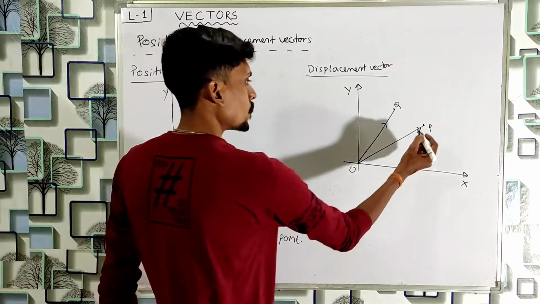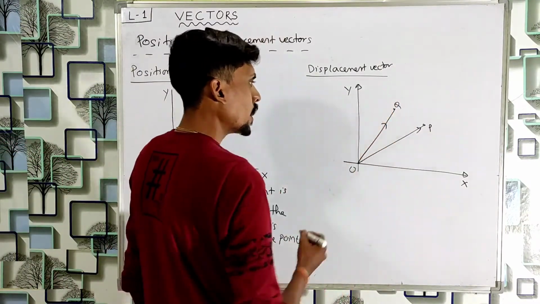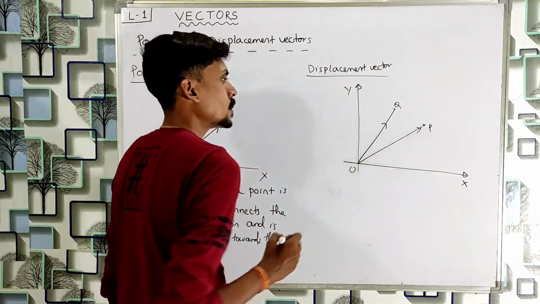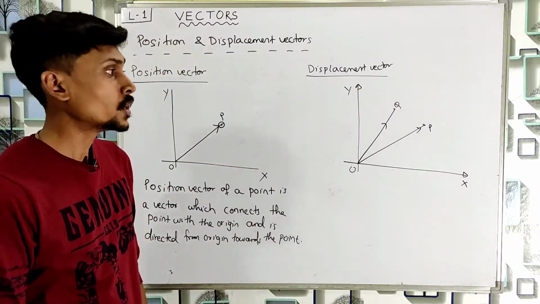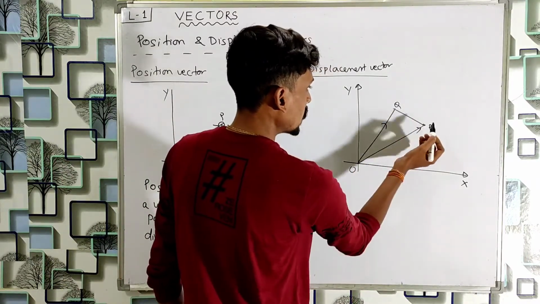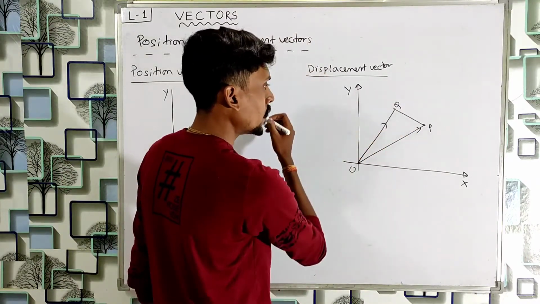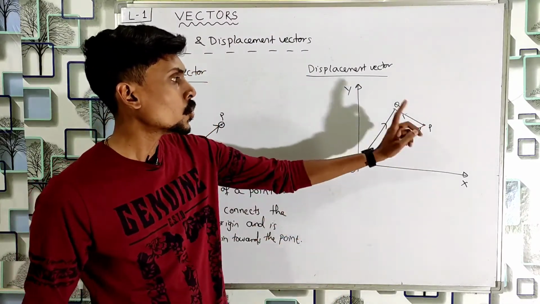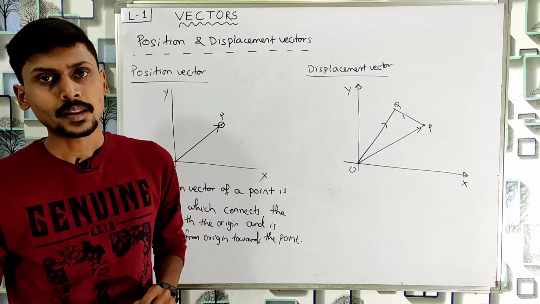So the displacement vector will be a straight line joining the initial point with the final point, and it is directed from the initial to the final point.